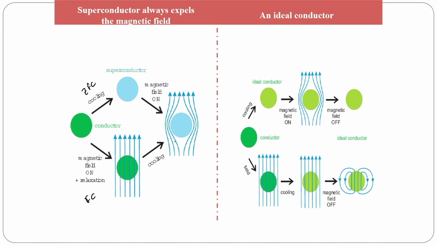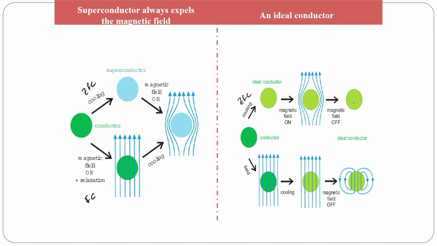This is called the Meissner effect. So, what we are trying to come to is that the ideal conductors or good conductors do not show Meissner effect, whereas superconductors do. So, for an ideal conductor, if you do a ZFC, that is zero field cooled, it becomes an ideal conductor. If you put a magnetic field, these flux lines are still expelled.